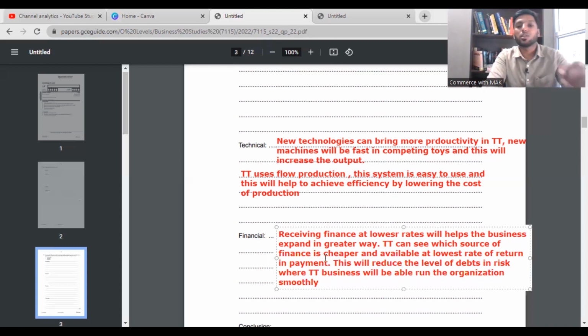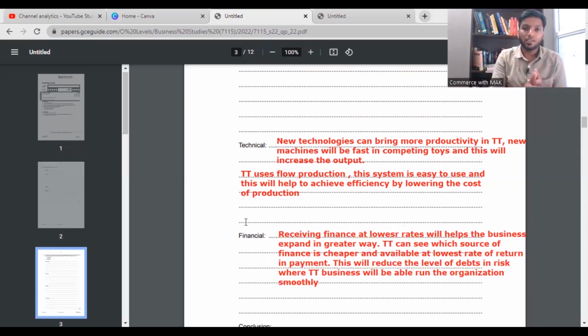So these points are more than enough for you all to take technical economies of scale, financial economies of scale, and then purchasing economies of scale. Now you need to say which one is the better, and giving a conclusion is always better.